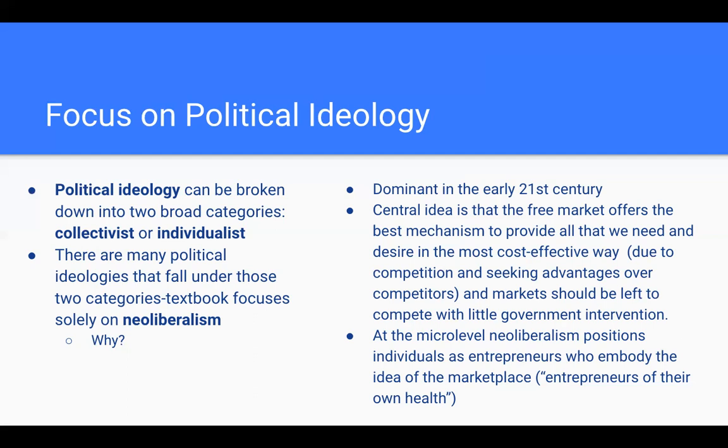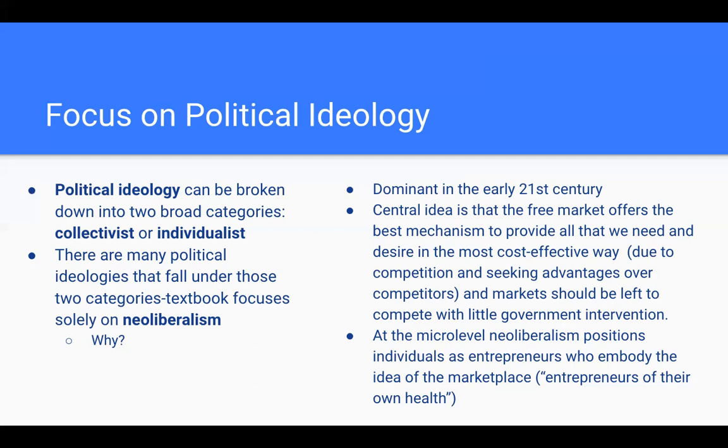As your textbook notes, some people also apply the neoliberal ideology at the micro level, where they think about individuals as being both entrepreneurs and consumers, and therefore embodying the ideas of the marketplace in their own behavior, by searching out the best deals, by taking care of themselves, by trying to position themselves to be competitive with other people for resources and privileges.